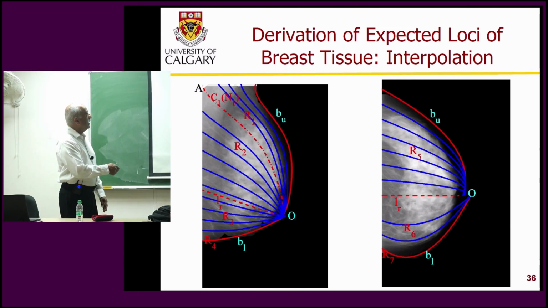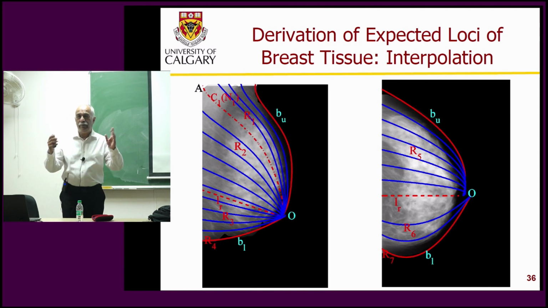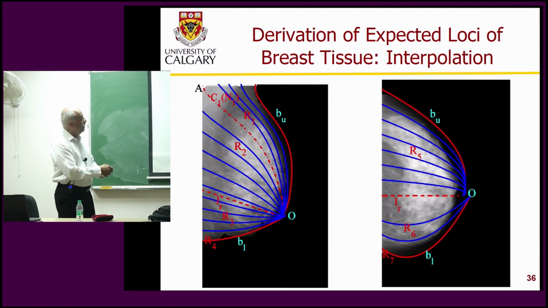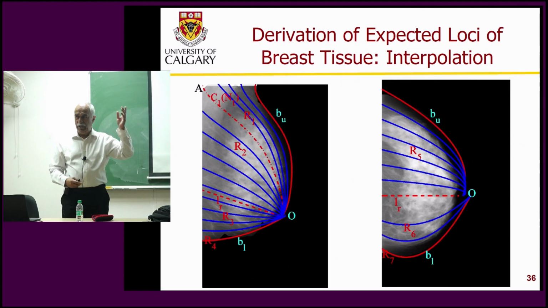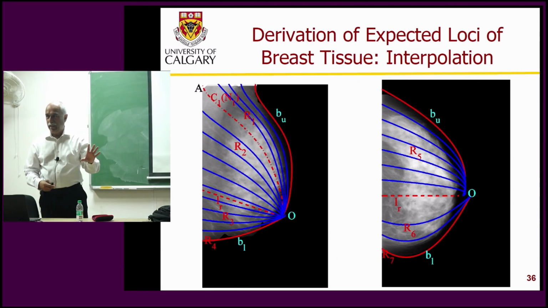Now, if there is architectural distortion here, then there will be spicules going this way and that way, and every other way. But we expect the orientation to be like this. And if your window is only this much, all lines should be oriented like that, or the orientation in between obtained by interpolation for every pixel. So then ask for the deviation. Using Gabor filters, we have computed for the image the orientation field at every pixel.